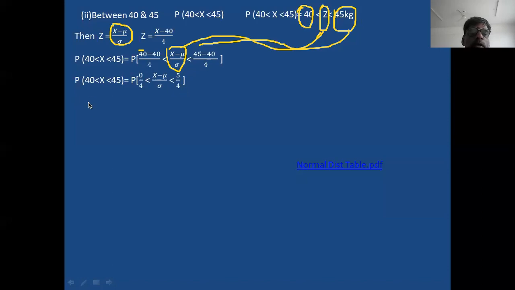If you simplify this, 0 by 4 is equal to 0, and in place of x minus mean divided by standard deviation, I write the standard normal variate symbol. Symbol is z. So 0 is smaller than z, z is smaller than 1.25. 5 by 4 means 1.25. Remember this.